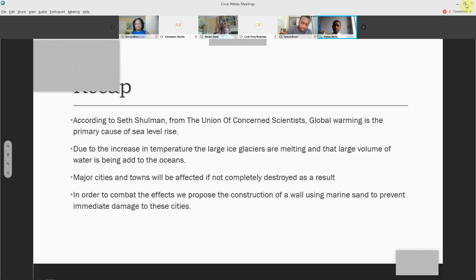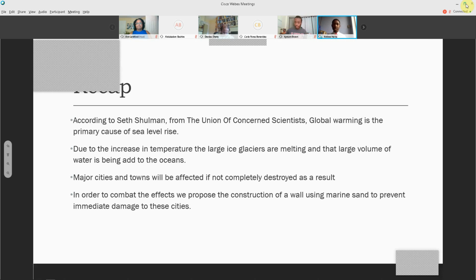Due to the increase in temperature, the large ice glaciers are melting, and that large volume of water is being added to our oceans. Imagine having a cup of water that is already filled to the brim, and then adding ice cubes to that. The level of that water increases, right?